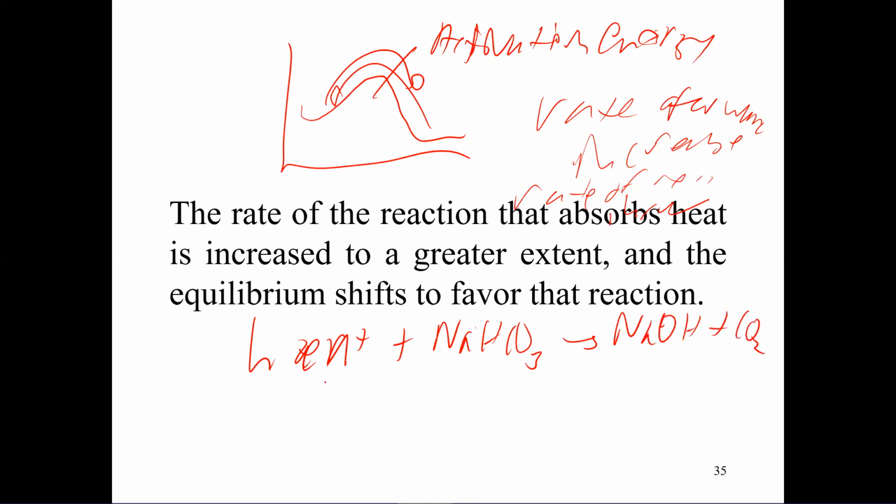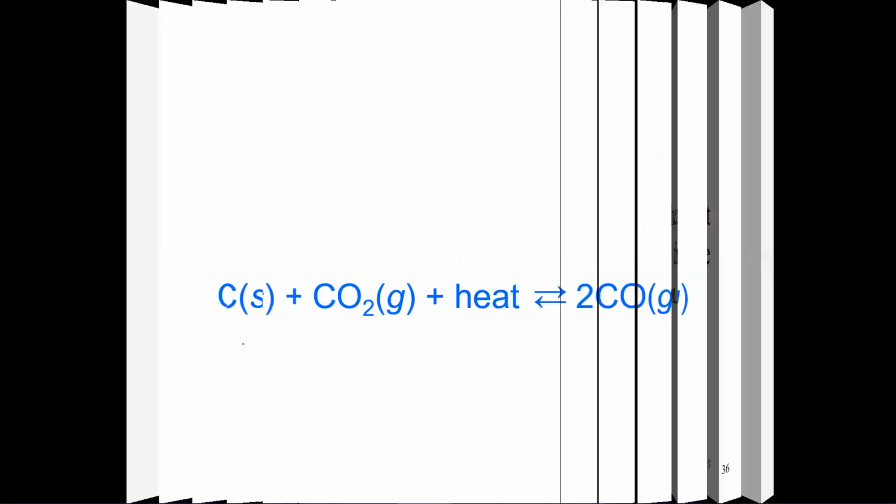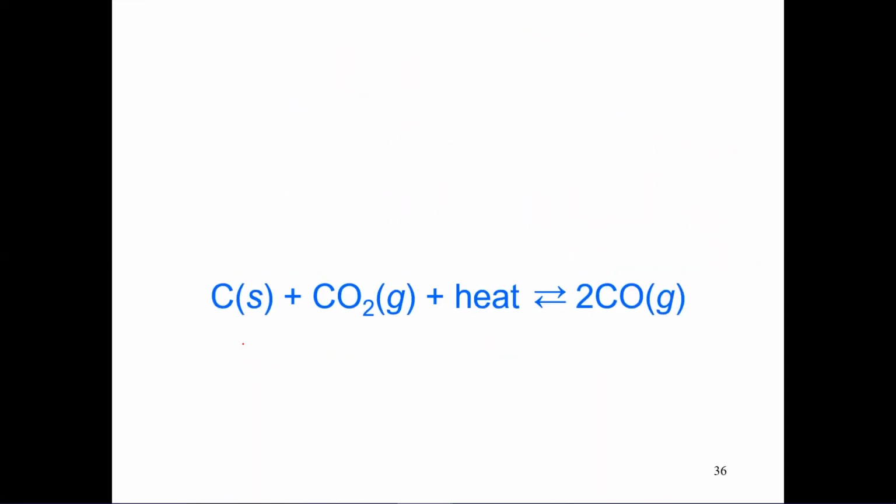If you put heat on this side, that will drive it to the right. But if you cool it down and remove heat, it will cause it to go the other way. Or if you add CO2 to that, it'll force it to go to the left. So basically you've got those things shifting.